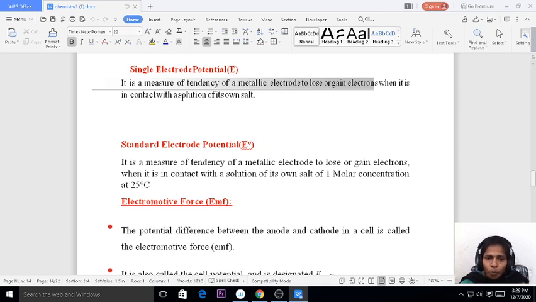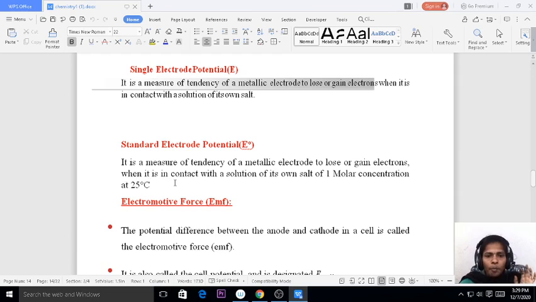That means the electrode potential value at the standard conditions. What are the standard conditions here? The standard conditions are the known concentration of the given electrolyte and room temperature. It is a measure of the tendency of a metallic electrode to lose or gain electrons when in contact with a solution of its own salt of 1 molar concentration at 25 degrees centigrade.